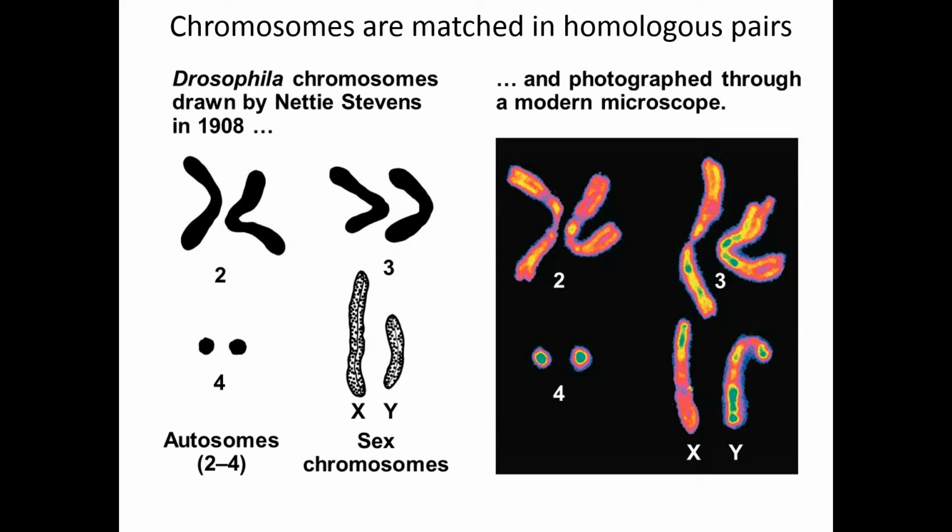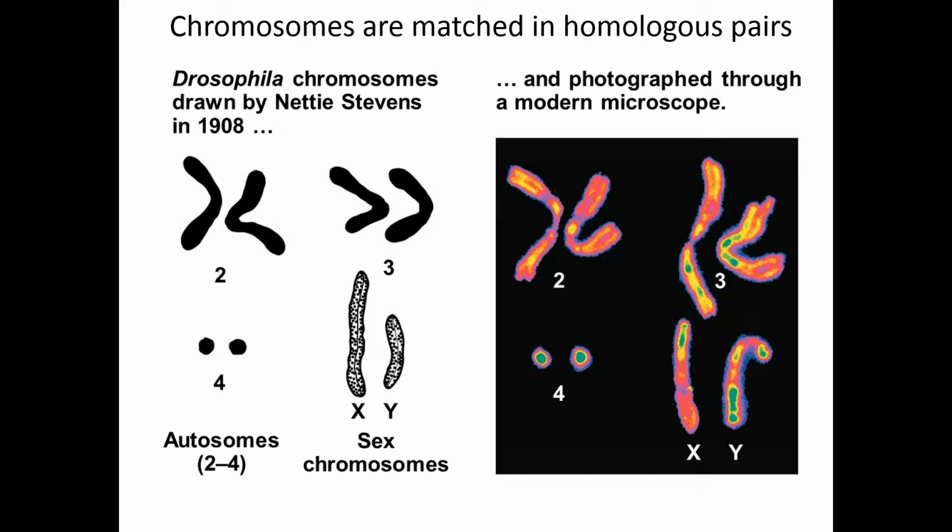When you're looking at the full complement of chromosomes in an organism, different organisms have different total numbers of chromosomes in their somatic and gametic cells. Here you're looking at the total chromosome set of a fruit fly.